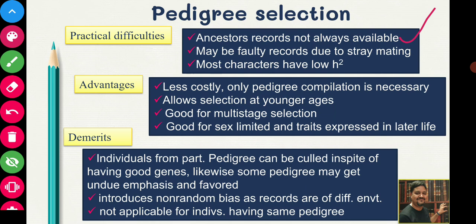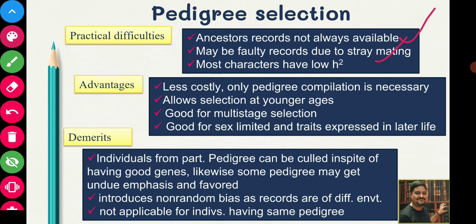Another thing is that the record may be faulty, maybe due to stray mating. In India, artificial insemination coverage is also not up to the mark, so there may be chances of faulty stray mating. If there is stray mating, the record maintenance will be faulty, and this faulty record will give faulty results.